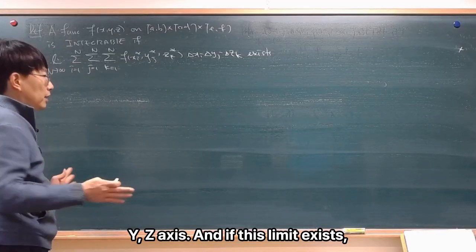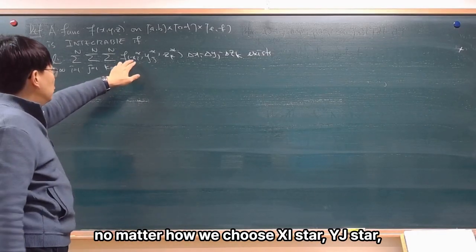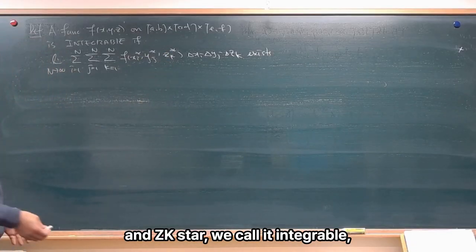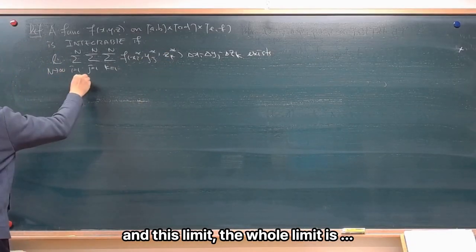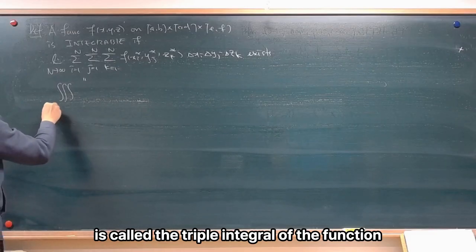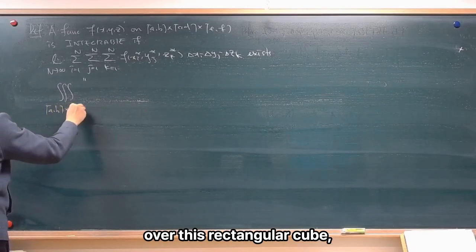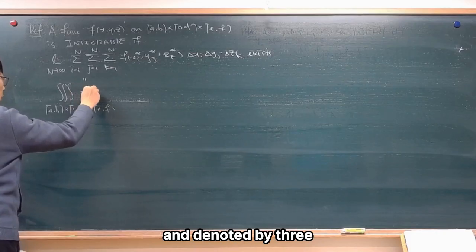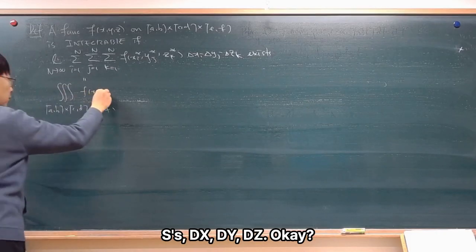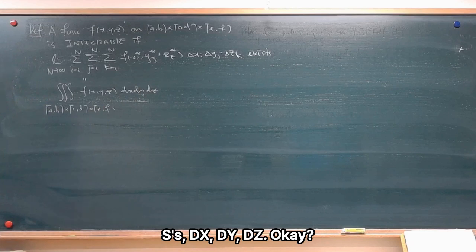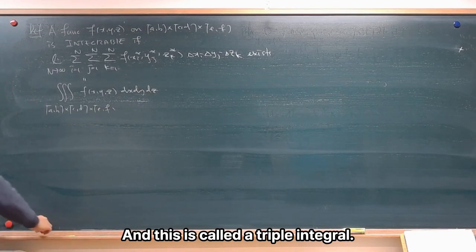If this limit exists, no matter how we choose xi star, yj star, and zk star, we call it integrable. The whole limit is called the triple integral of the function over this rectangular box, denoted by three integral signs, f dx dy dz. It's called a triple integral.